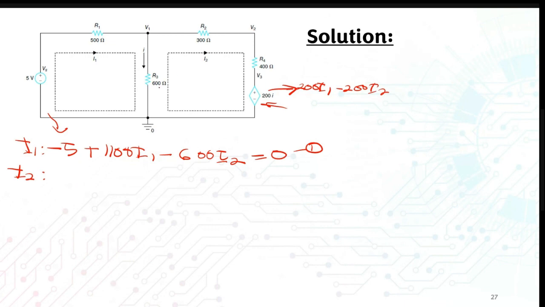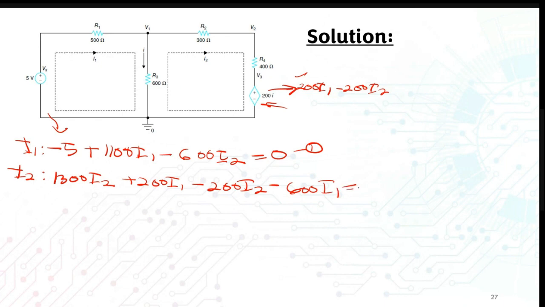Inside mesh I2, you can just add the resistance straight away, where you have 900 with 400, so you will have 1300 I2, plus 200 I1 minus 200 I2, which is this one, and then minus 600 I1 equal to 0.